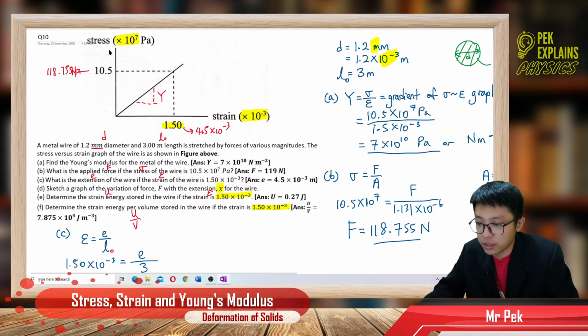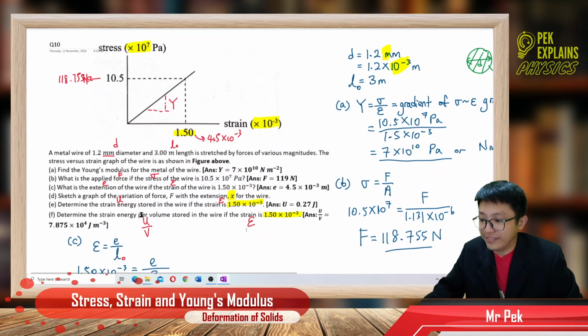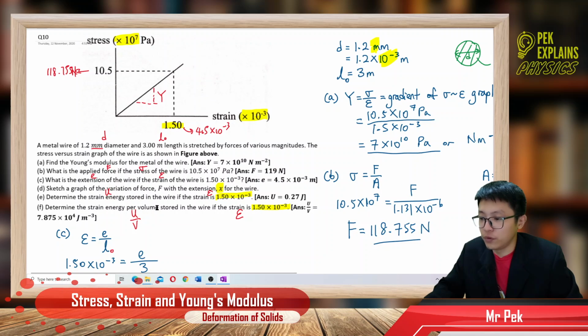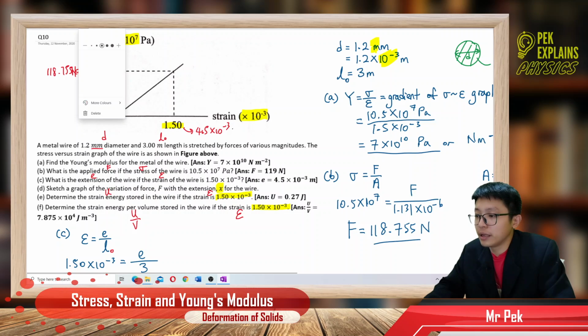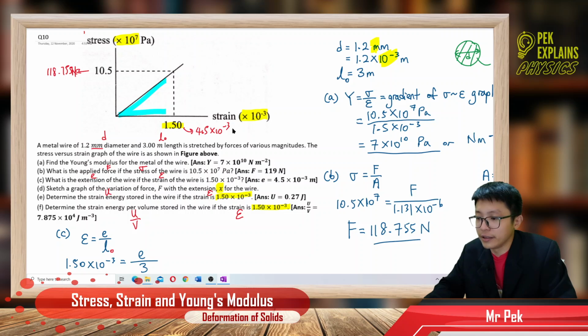What is the strain energy per unit volume stored in the wire? For this one, we get it from the stress strain graph, which is this area.